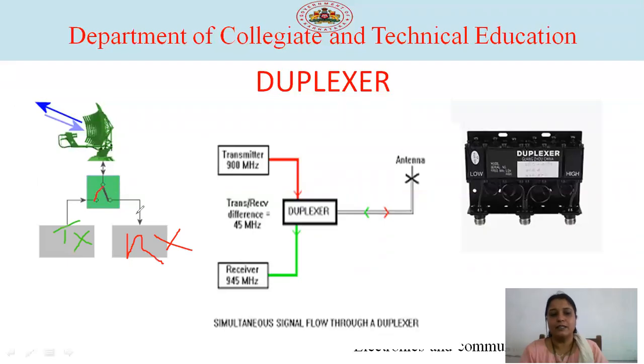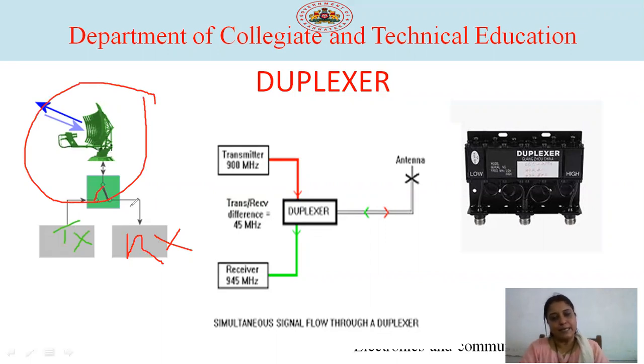Therefore, this is acting as the switch between the transmitter and the receiver. Whenever the transmission process is there, the receiver will be disconnected, and whenever the receiving process is there, the transmission will be disconnected here. Therefore, we are using the same antenna for transmission and reception.